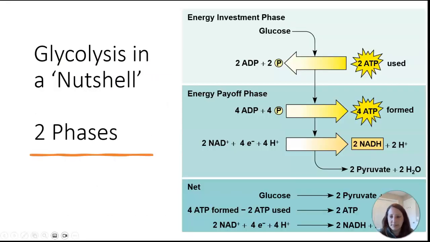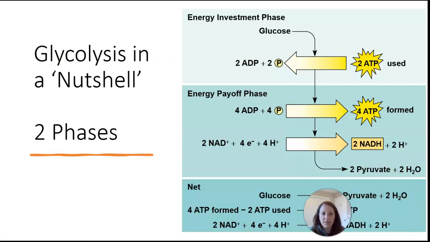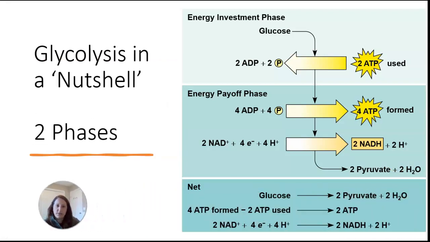So let's look at this. Let me move my camera. And so here it is in a nutshell. So at the very top, we have what's called the energy investment phase. So again, we're in the cytoplasm. We've got glucose. It's a 6-carbon sugar. We have to put 2 ATP in. So you can see 2 ATP used. Okay, and then we have the energy payoff phase.